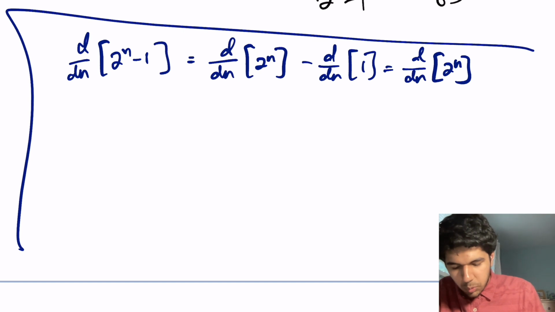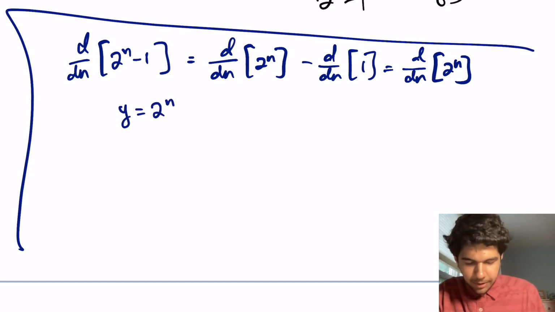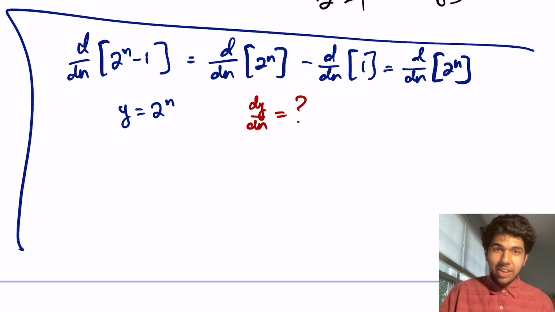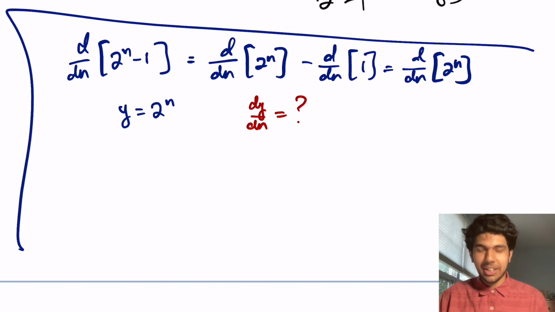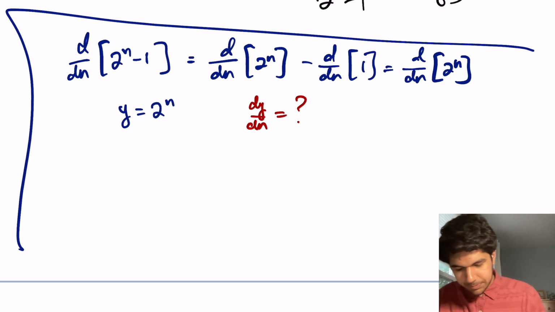So let's let y equal 2 to the n. Then we're tasked to find what dy dn is. Okay, well, we can calculate this by doing a little bit of implicit differentiation. But for that, we need to use a little trick. Let's take the natural log of both sides.